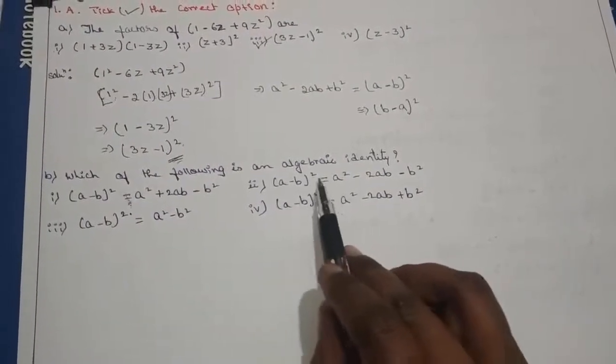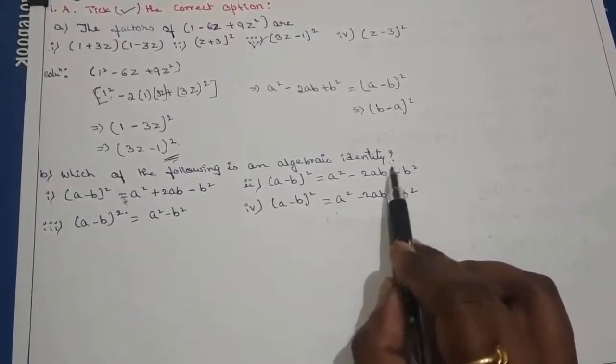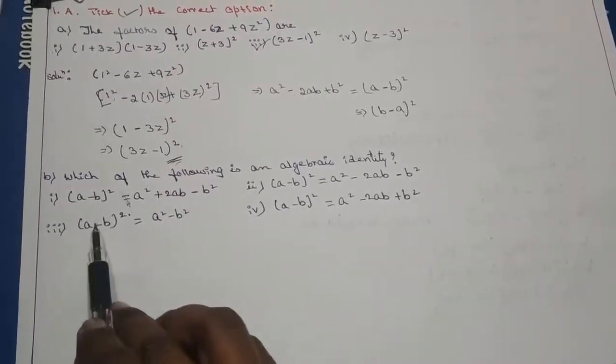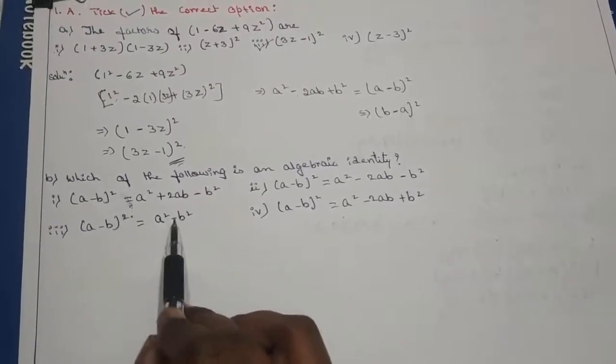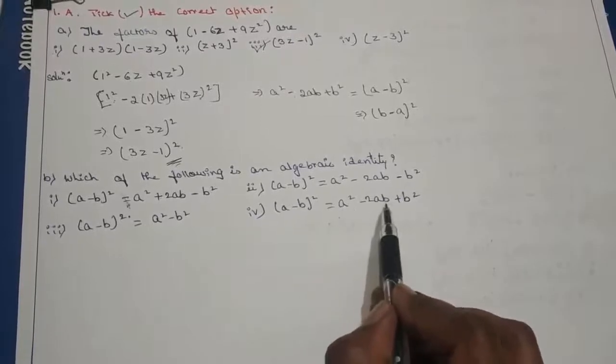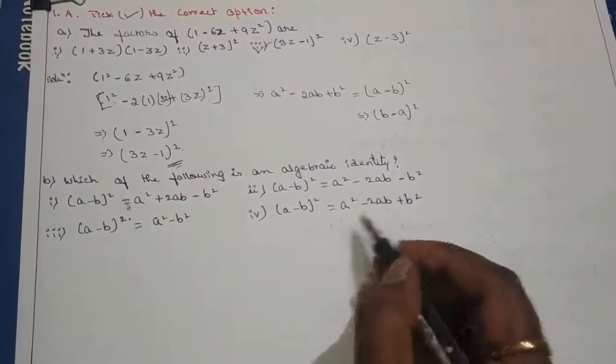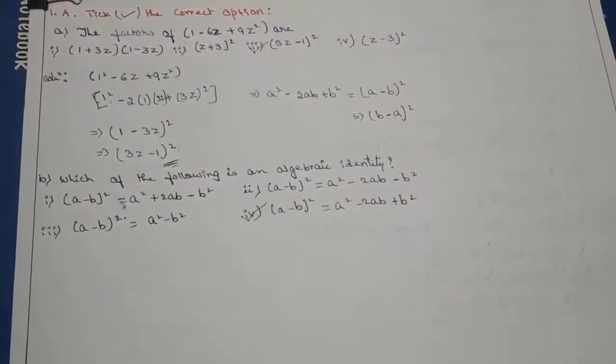Then a minus b whole square equal to a square minus 2ab plus b square it should be, but here we have minus, no. Then a minus b whole square equal to a square minus b square, no. Then a minus b whole square equal to a square minus 2ab plus b square. Yes. So the minus is near 2ab. Yes, this option is the correct one.